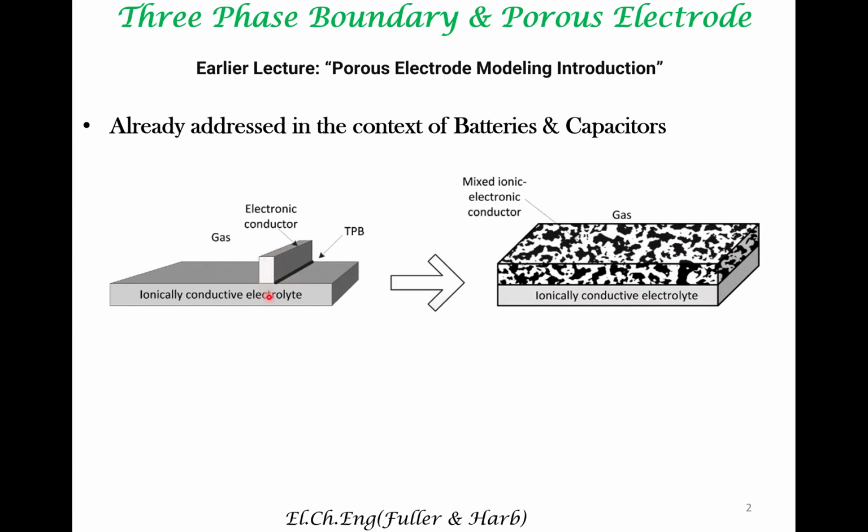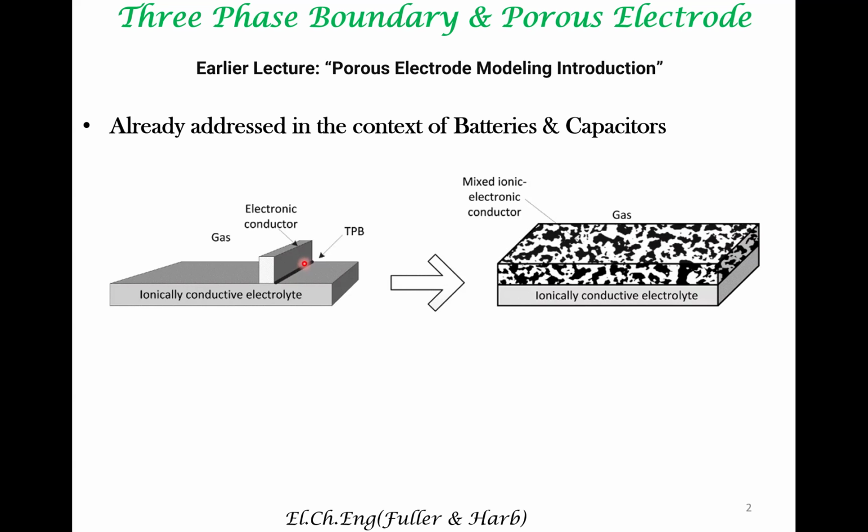If we have a system like this, this indicates gas phase transport, this indicates regions wherein electronic transport occurs, and this indicates regions wherein ion transport occurs. If you visualize such a system, this three-phase boundary occurs along this line.